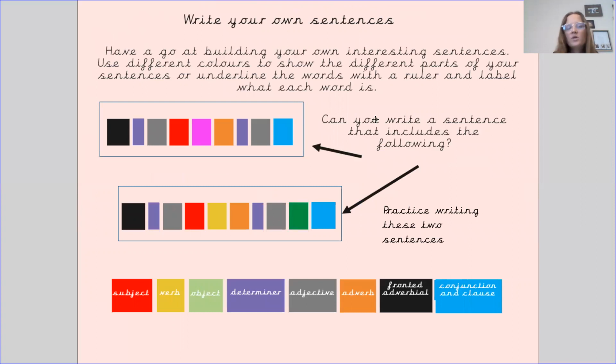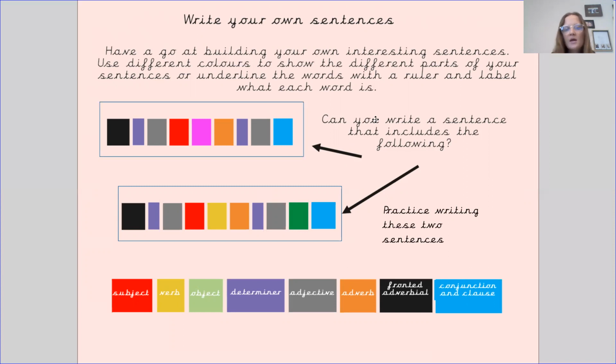So I want you to pause for a moment and have a go at writing your own sentences, building some interesting sentences. And I've given you two different types that you can try there. And then obviously I've labeled what each color should be. Underneath your black is a fronted adverbial. Purple is your determiner.